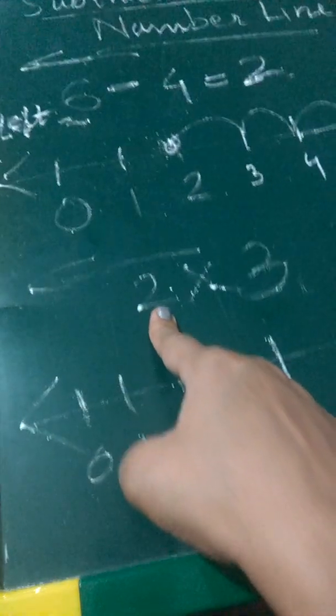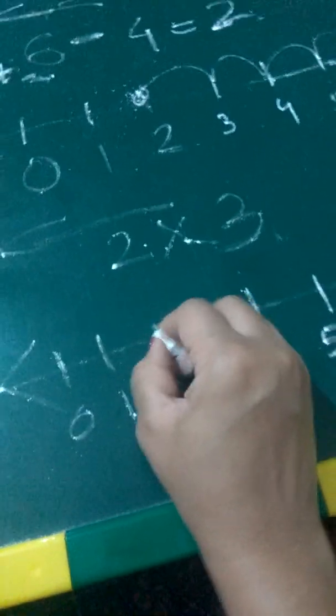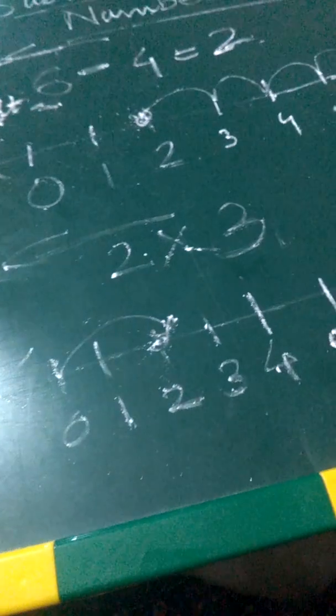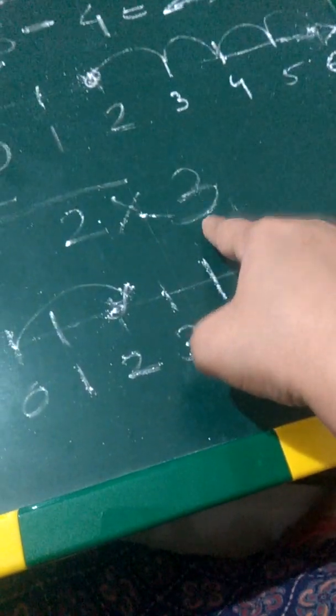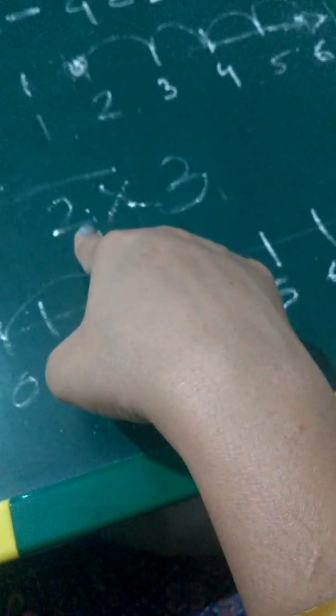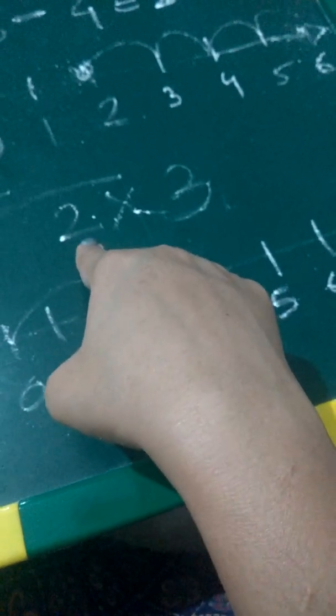I have to start with 2. This is 2. From 0 I have come to 2. Then I have to take 3 jumps. But each jump should be of 2 points. There should be 3 jumps of size of 2 points.